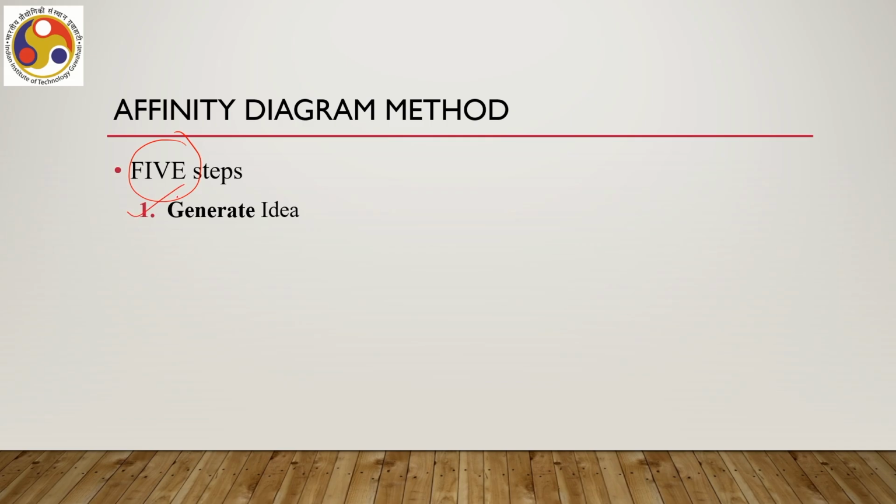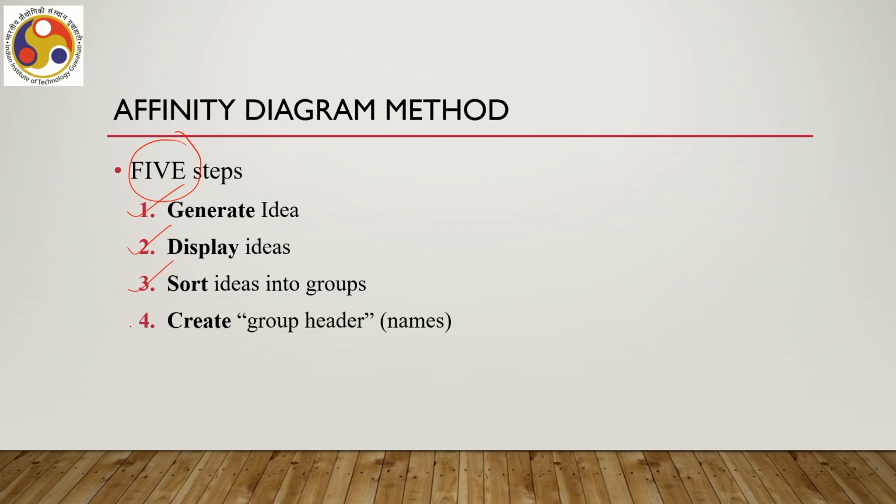Generate ideas, step number 1; display ideas, 2; sort ideas into groups, step number 3; create the group header, or provide some names or identifiers to the groups; and finally, draw the finished diagram. So, these are the 5 steps of the affinity diagram method.